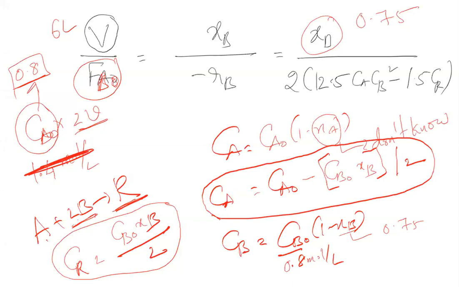So the answer is 1 each. 1 liter per minute each.